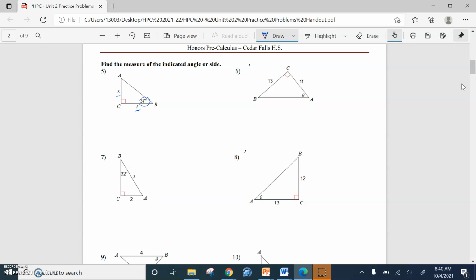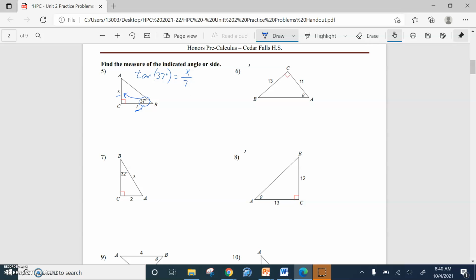So let's do that. We have angle 37, and in relation to the angle 37, we have the opposite and we have the adjacent. So opposite and adjacent, that's tangent. So what I'm going to do is write out everything I know. Tangent of 37 degrees is equal to opposite, which is what we don't know, x, over adjacent, which we do, which is 7.